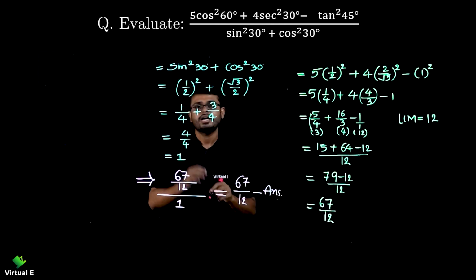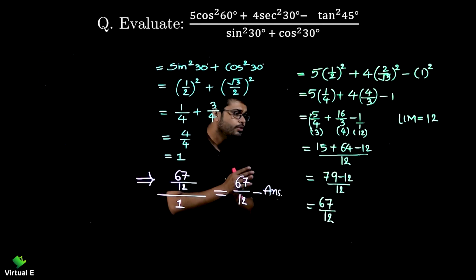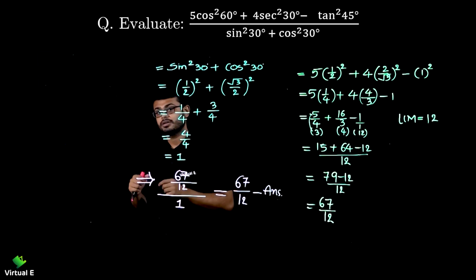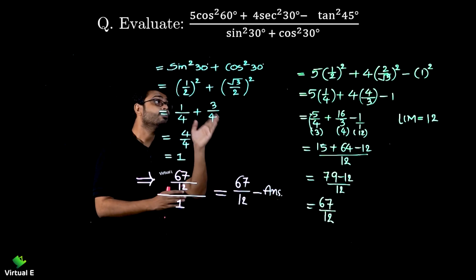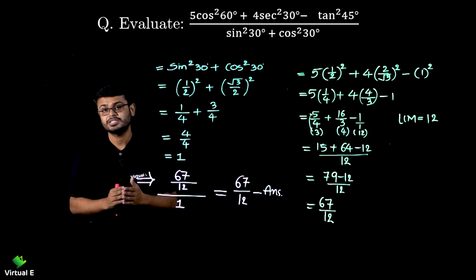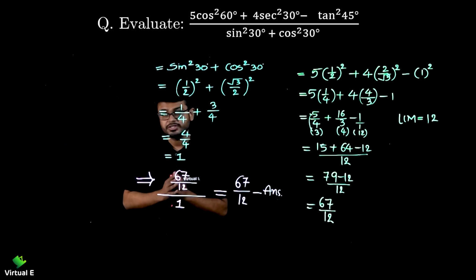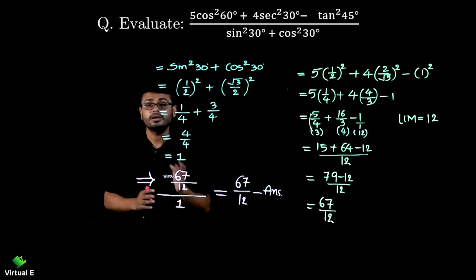Remember, this happened because we got the denominator 1. You do not need to assume that the numerator simplification is always the answer. Remember the previous question we discussed. It was very lengthy and we were getting two different answers for numerator and denominator, and we simplified as well. So this is how you solve this sum when you have fractions, and when you want to solve numerator and denominator separately.